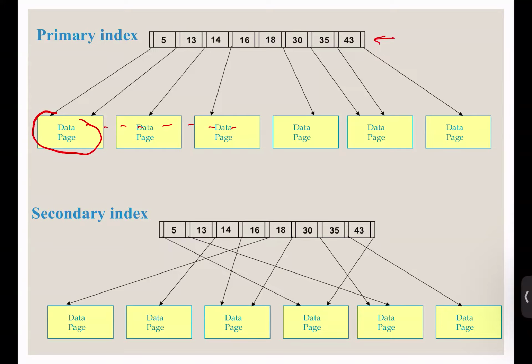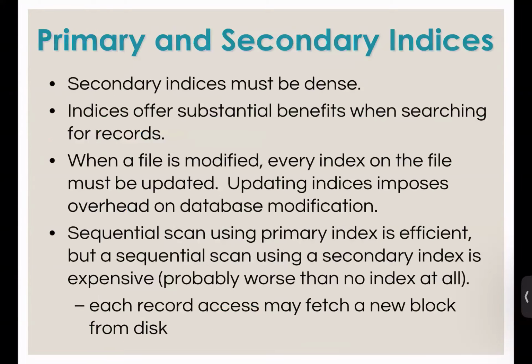We call it primary index because it has the same ordering or something close to it. But if you have a secondary index, the order of the index and the data itself are not in the same order. So the pointers will go back and forth between pages. That's typically what happens in a secondary index.